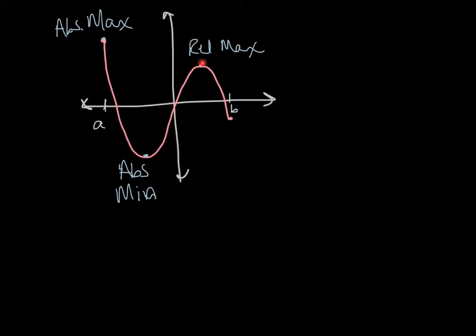So we have one relative max, one absolute min, and one absolute max. This point here, this B, is not a relative min, and it's not an absolute min, it's just an endpoint, because I do not have any points to the right of it, so it can't be a relative, and it's certainly not the lowest point on the graph.